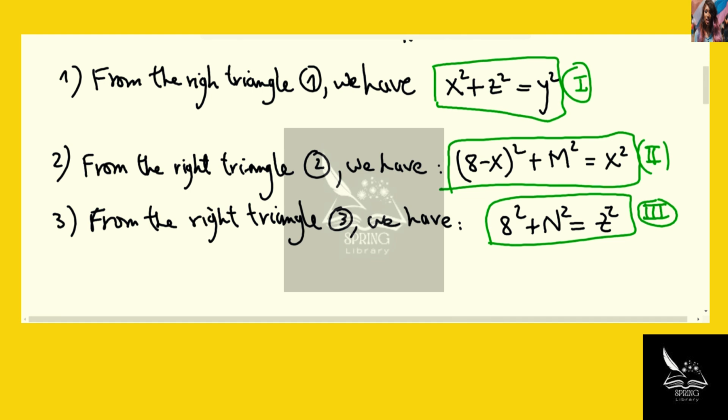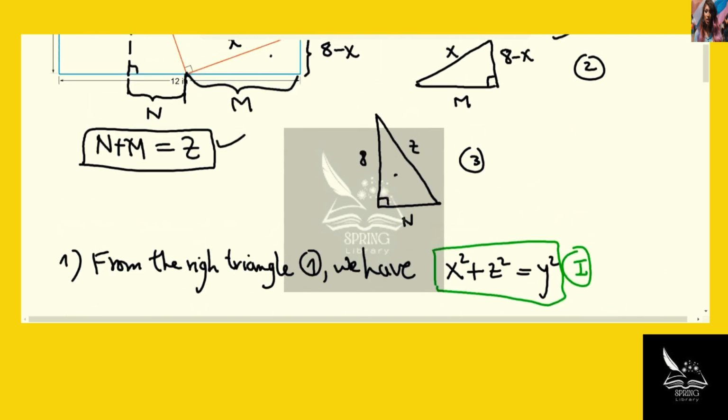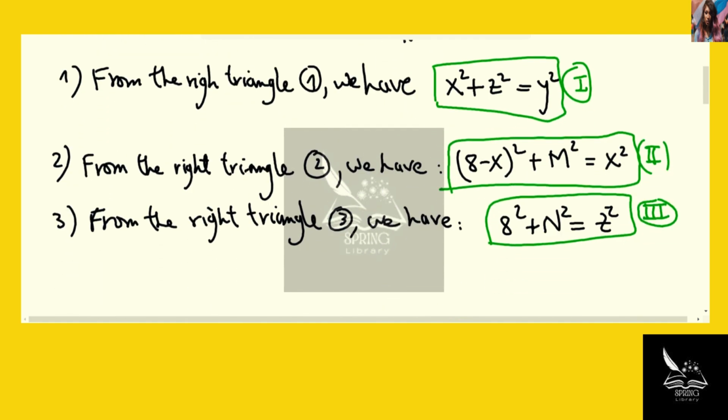To put z in terms of x, we have this third equation. z is written in terms of n, but we know m in terms of x from 2, and we know that n, m, and z are related by this expression. That's going to give us what we want.